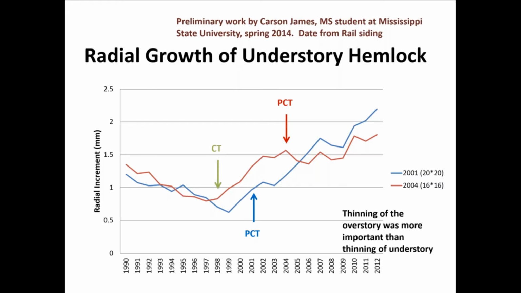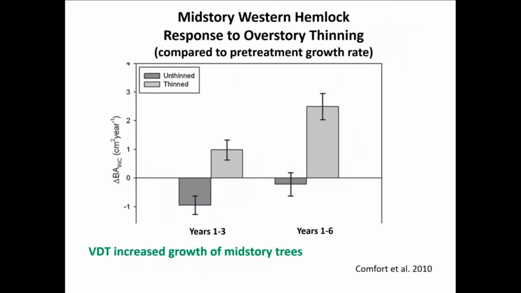And so what you could see is that in terms of the understory hemlock diameter growth, what was really important was thinning the overstory rather than thinning the understory in terms of increasing the growth of those smaller trees. But thinning the understory, I think, was effective in terms of opening up the area to make growing space available for shrubs and herbaceous species.